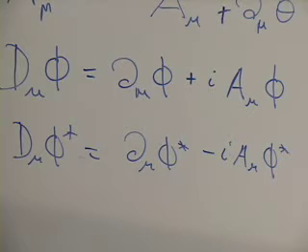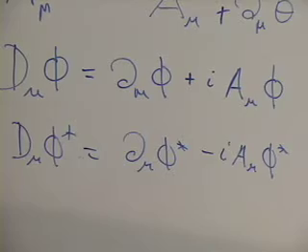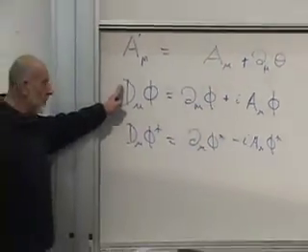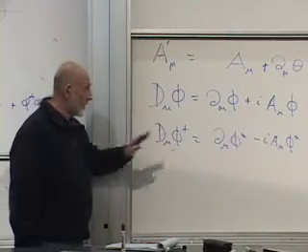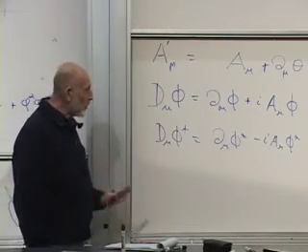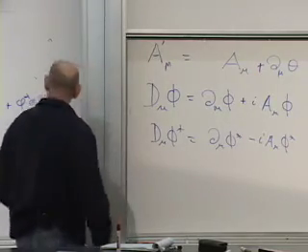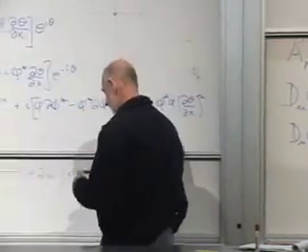And the kinetic terms in the Lagrangian, forget the potential terms for a minute, are just replaced by D mu phi times D mu phi star. Let me show you why that is gauge invariant, why that now has the invariance that was lost over here.